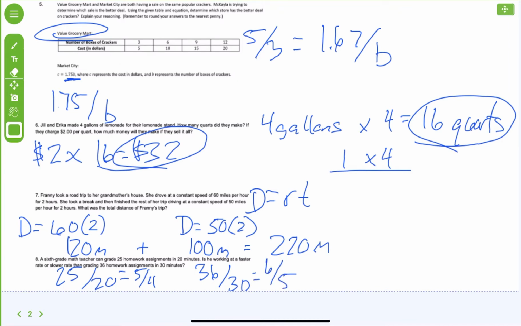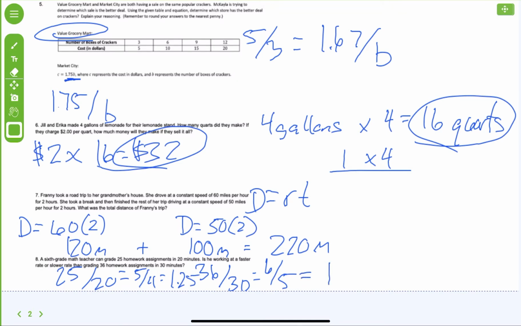Now, I still don't know which one's a faster rate. How am I going to find which one is the faster rate? I'm going to divide each of those. I'm going to say 5 divided by 4, and that is 1.25.